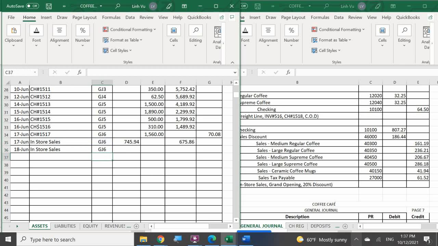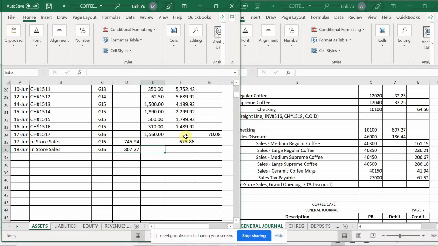How much money did we earn? 675.36 plus how much was it? It was 807.27. So it is 1,483.13. Good. All right. So then what's next?